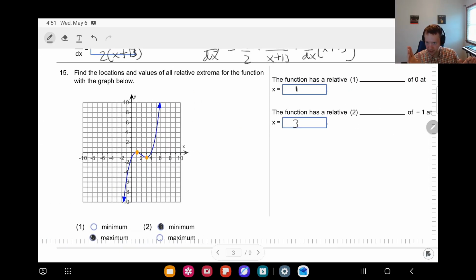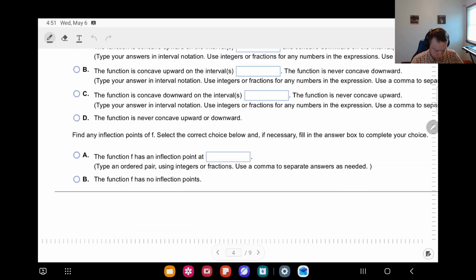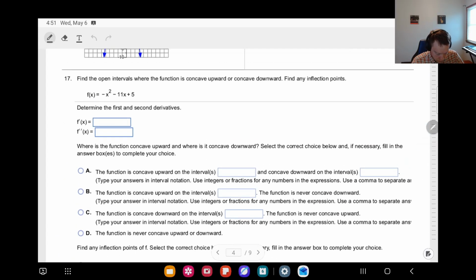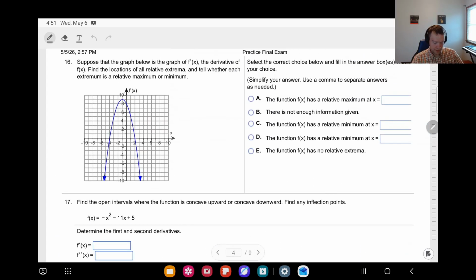All right, so no fancy first derivative test or second derivative test. Just looking at the graph. Number 16 is a great problem. Notice it's telling us the graph of f prime of x, that is the derivative.